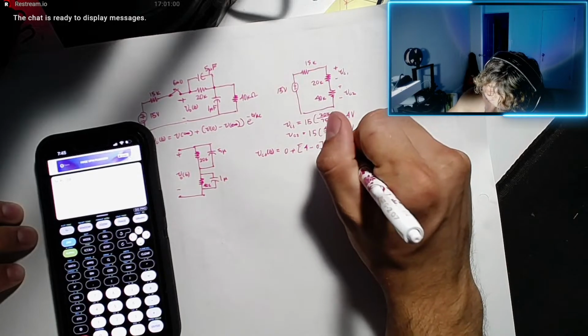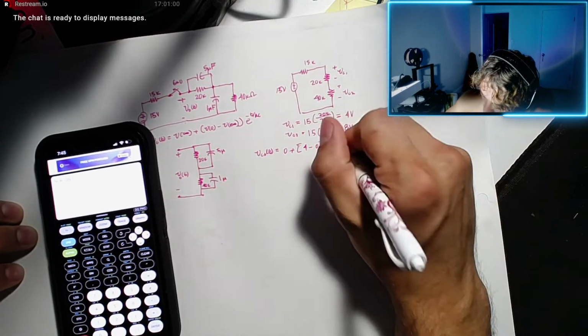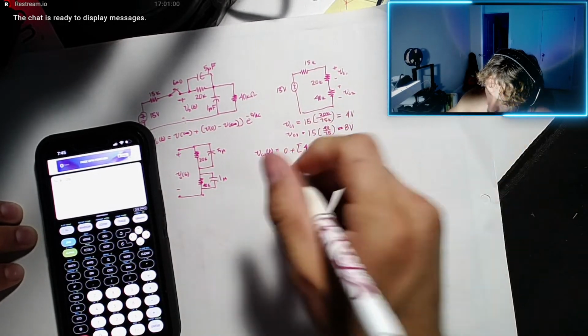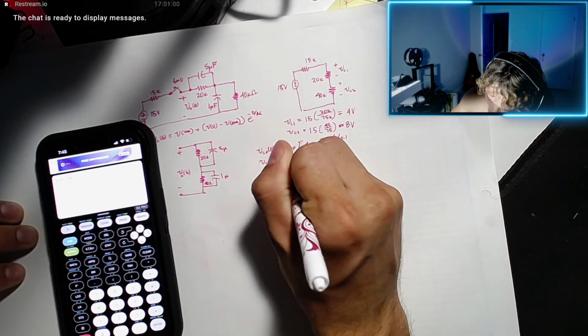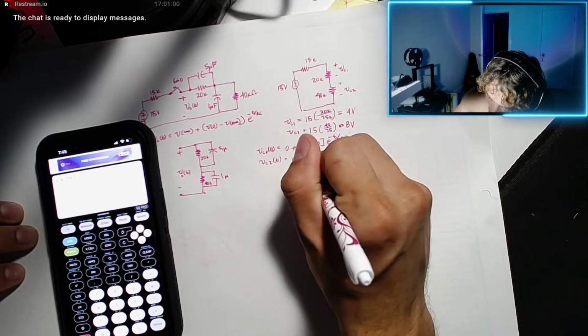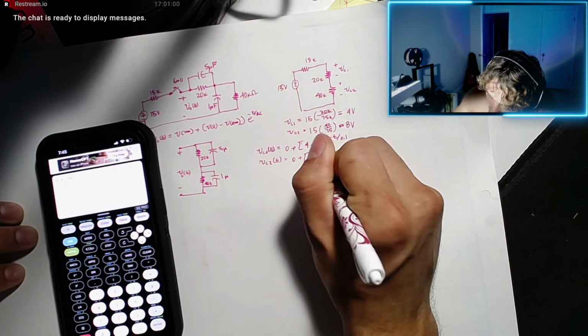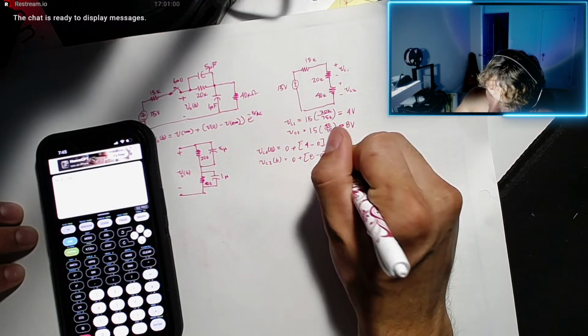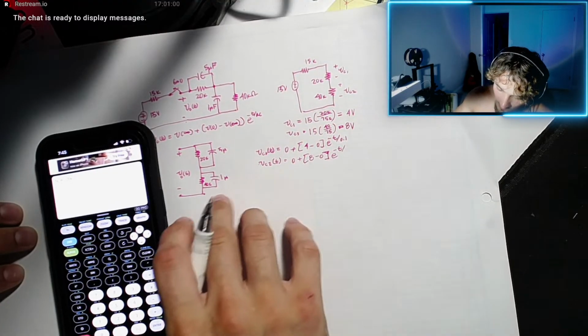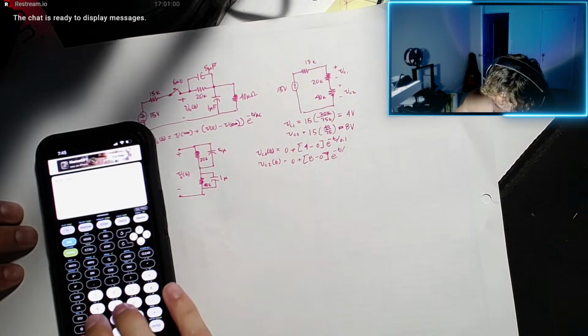That's 0.1. Equals, again, 0 plus, this time we're starting with 8 though, minus 0 times e to the power negative t divided by this RC, which is 1 micro times 40K.